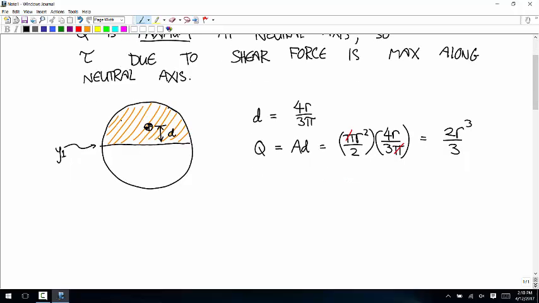Since that's the only place that you can calculate the stress due to shear force, let's see. This is the shear force, negative shear force times Q over IB. I is equal to, we have a formula for that, pi r to the 4th over 4. And B is the diameter, so that's just 2r.